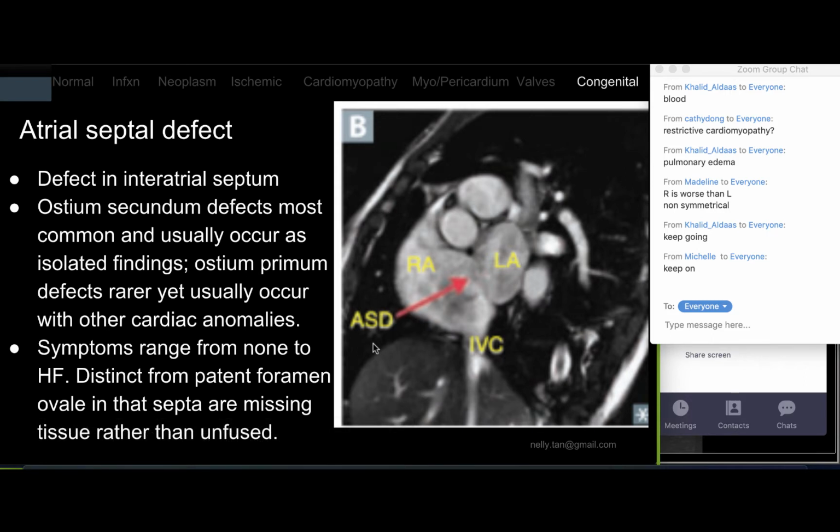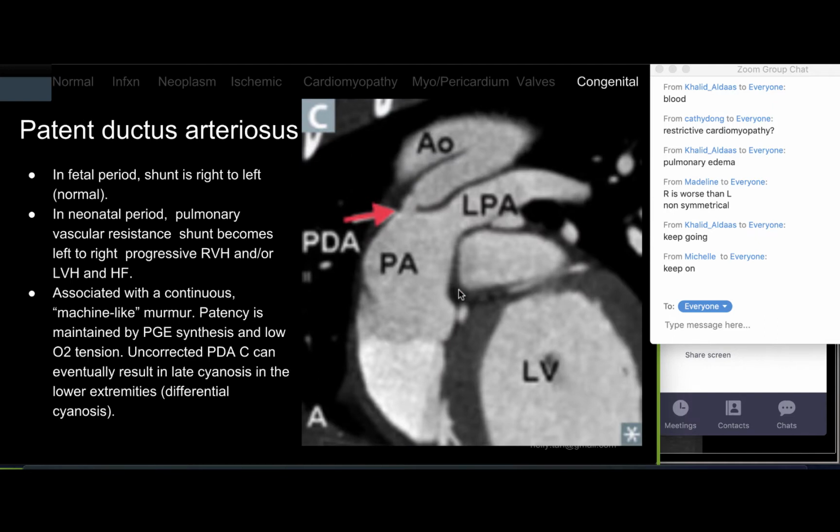So here is an atrial septal defect. This is the right and left atrium, and here there's no septum separating those 2. Another cause of left to right shunting.